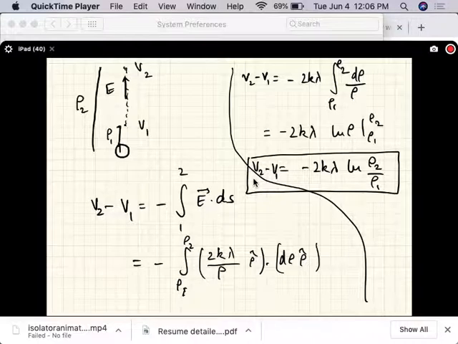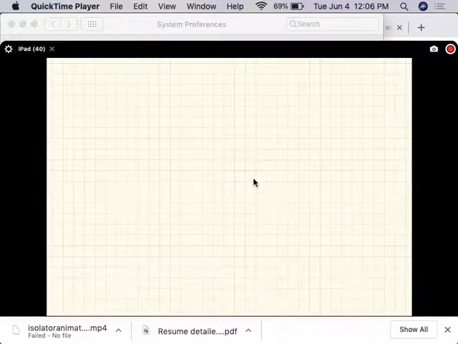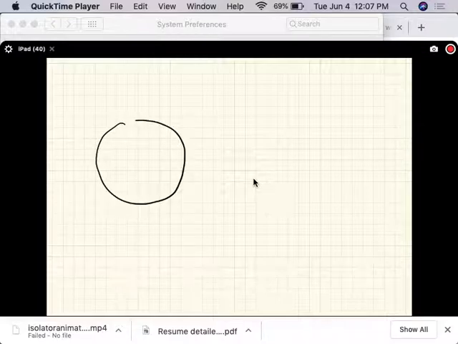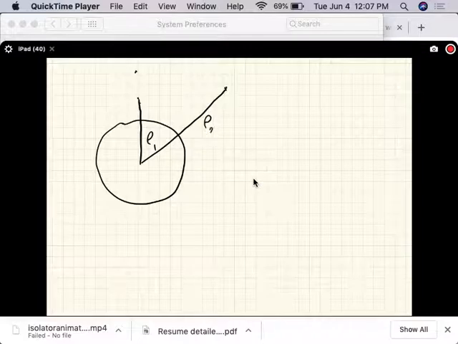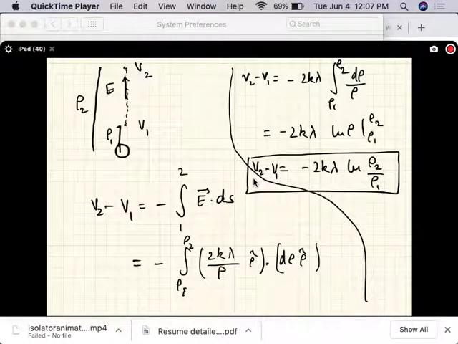Now I'm going to blow up this diagram. So now we know the potential in this region outside. We know the potential difference between any 2 points. This would be rho 1, this would be rho 2. We know the potential difference between these 2 points, which is given by this expression.